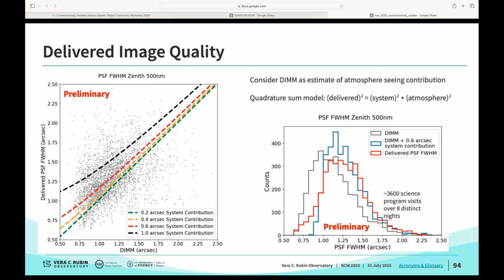And what we find is that while there is some scatter, there's a general trend where if you consider 0.6 arc-second system contribution as being a characteristic scale, you can see that when you add that in combination with the DIMM in quadrature, then you get a distribution that approximately matches our delivered PSF full width half max distribution. And the median is around 1.2 arc seconds.